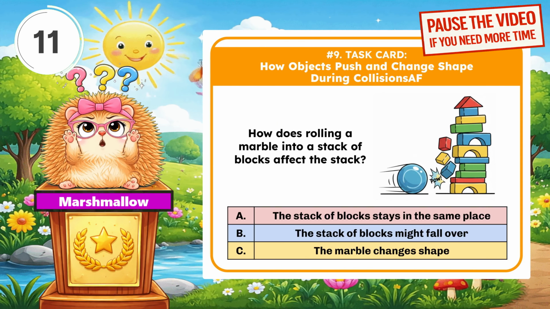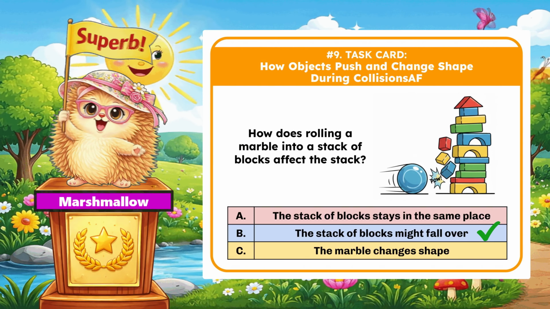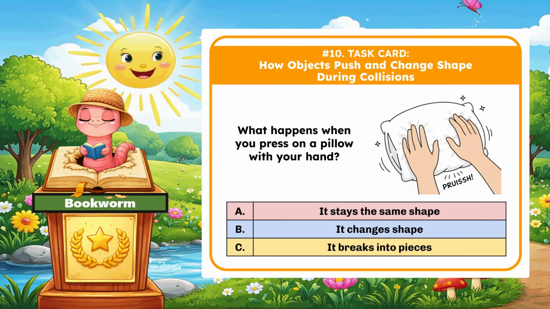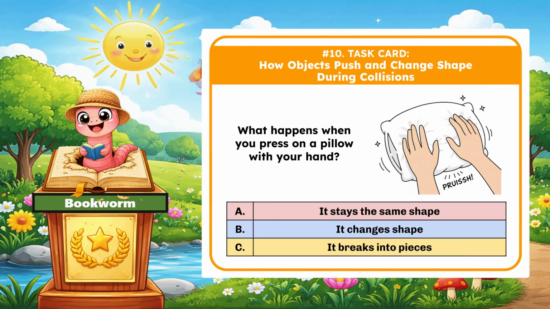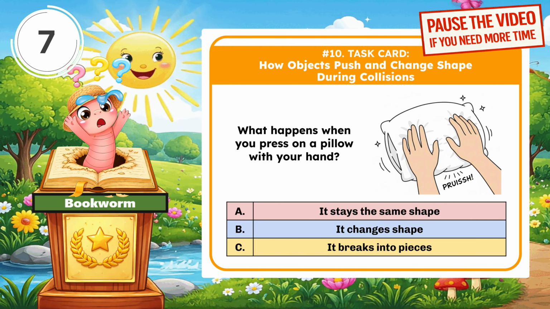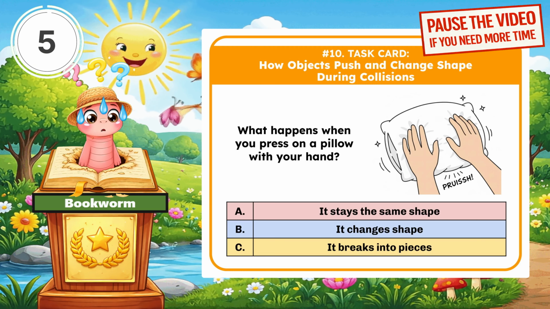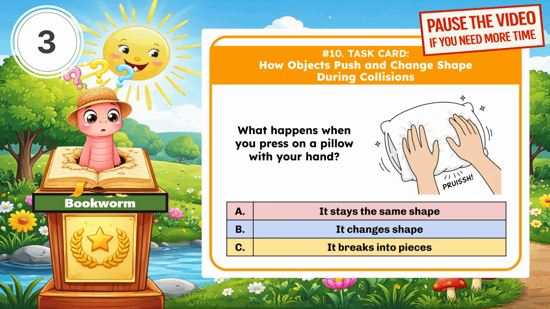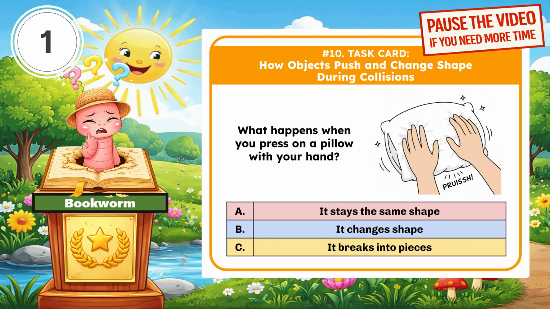The correct answer is letter B. The stack of blocks might fall over. What happens when you press on a pillow with your hand? And the correct answer is letter B.